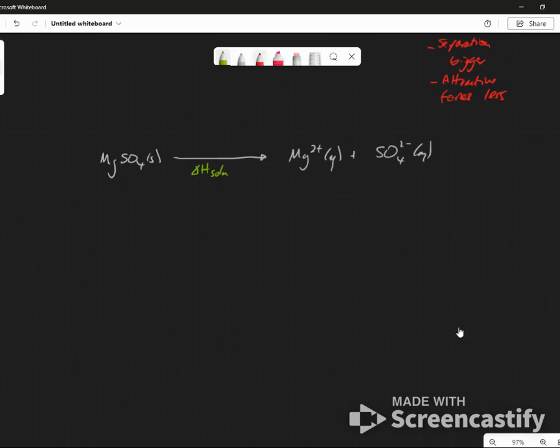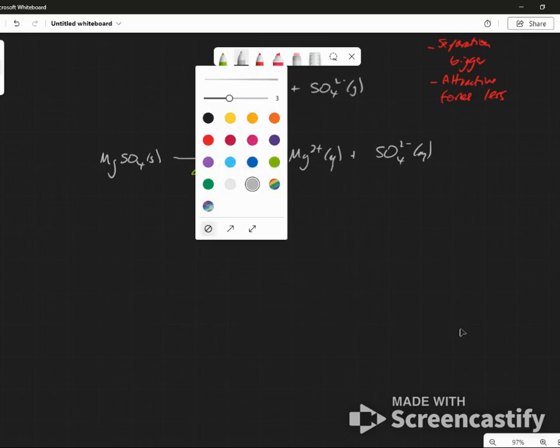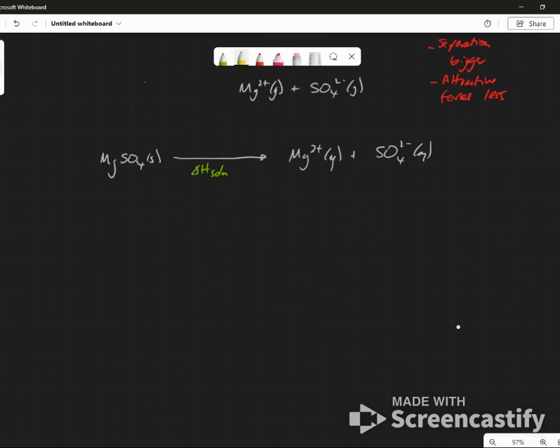Now, up here, I can do my Mg2 plus gas, and my SO4 minus gas, and I can put other arrows in now. This arrow is the delta H lattice energy, and this arrow is the delta H hydration energy. Does this Hess's triangle make sense?